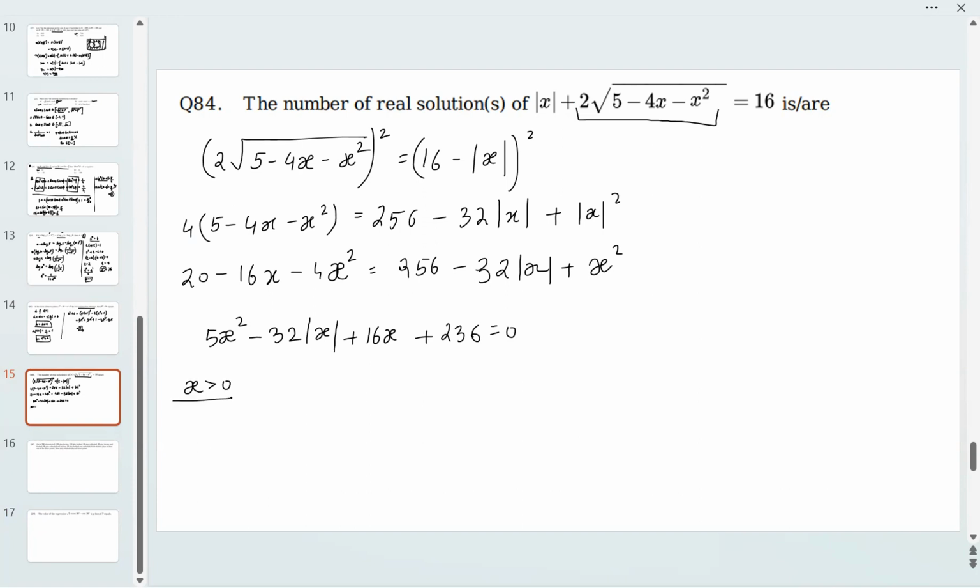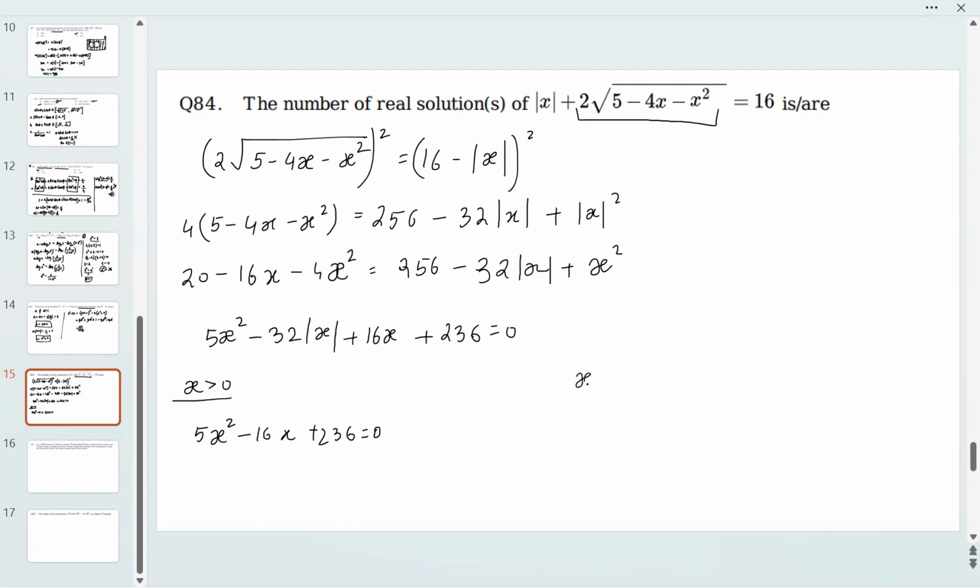When x is greater than 0, mod x will be opened as x. So my equation will be 5x square minus 32x plus 16x plus 236 equals to 0.